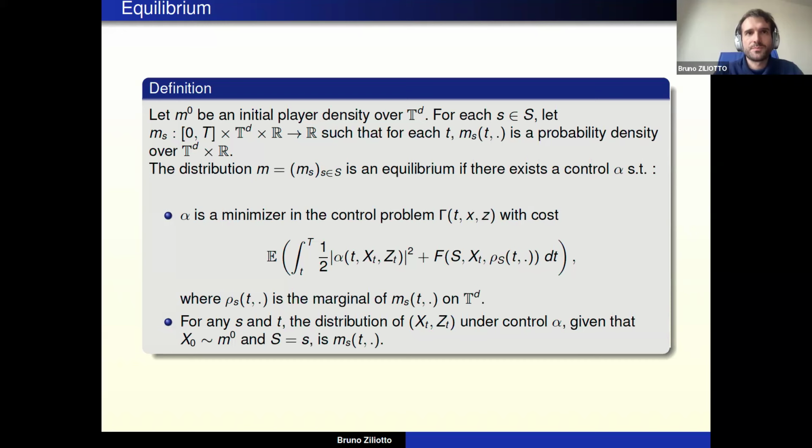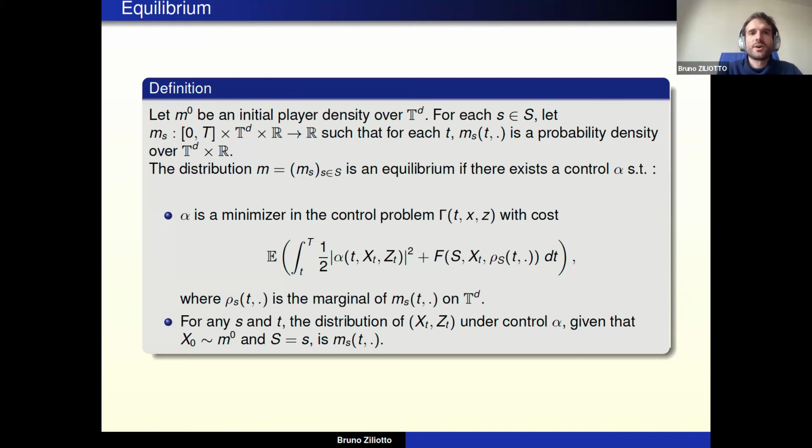And we say that this collection of mappings MS is an equilibrium if there exists some control alpha such that alpha is the minimizer of the control problem I mentioned in the previous slides. I recall it there, where you have a quadratic cost in your control and flow costs that depend on your state, on your position, and on the position distribution of players.